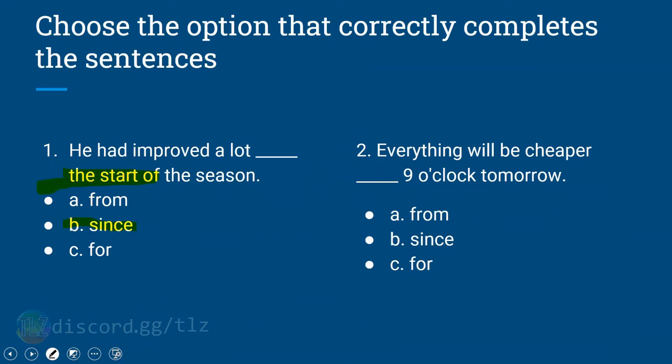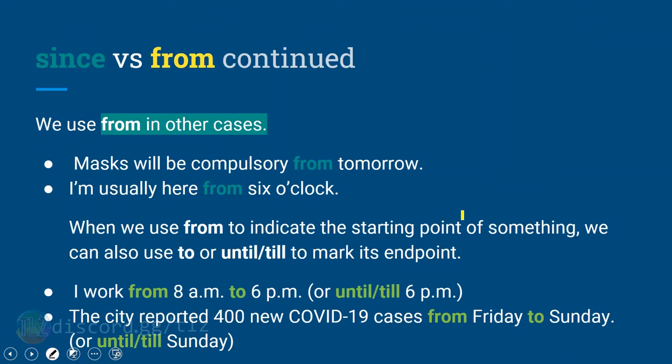Anyway, back. Everything will be cheaper dash 9 o'clock tomorrow. It's definitely not for, and absolutely not since, but from. Now, this is an example of when from is used in any other case.